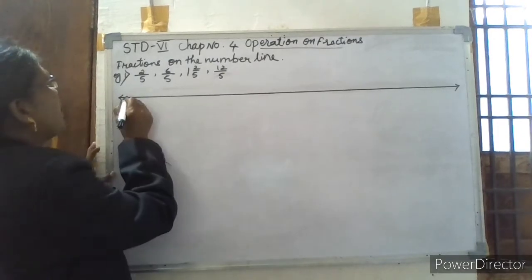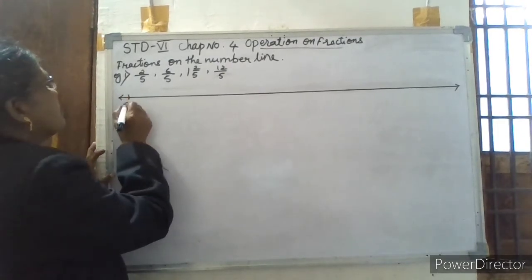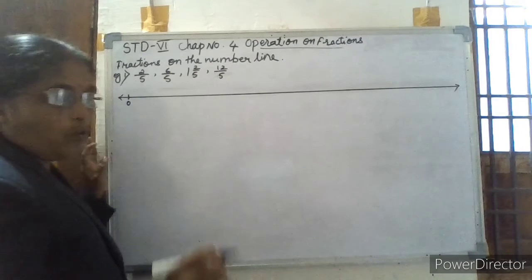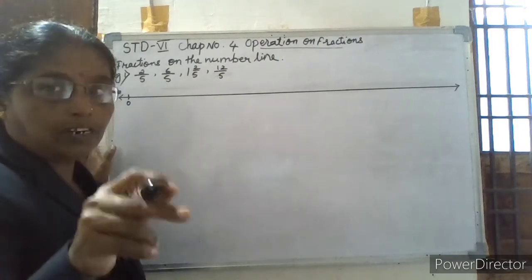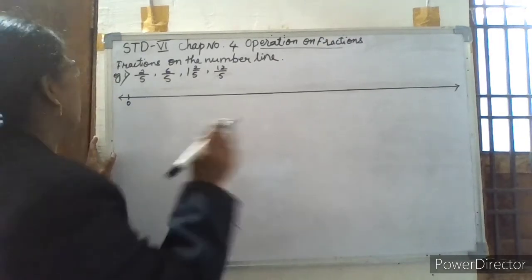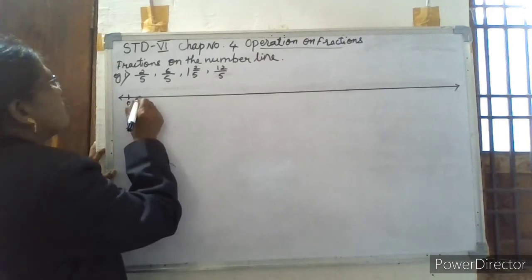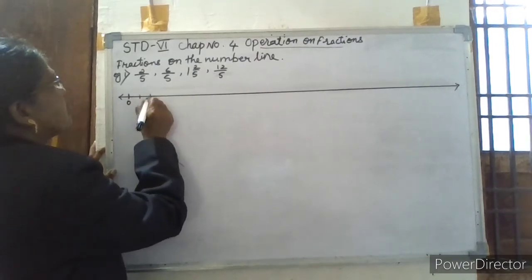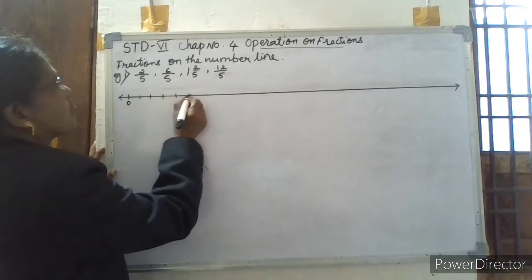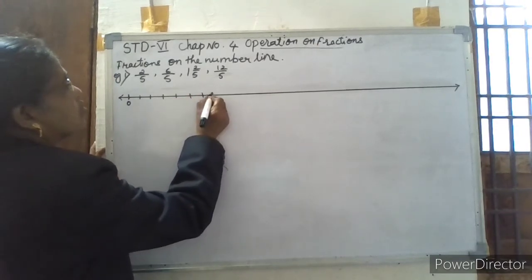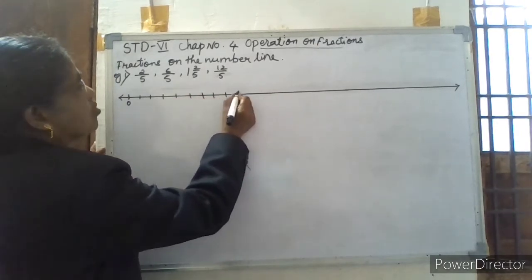This is 0. You can take 1 centimeter or 2 centimeters with your scale. I will just take 1. It must be of the same measure.